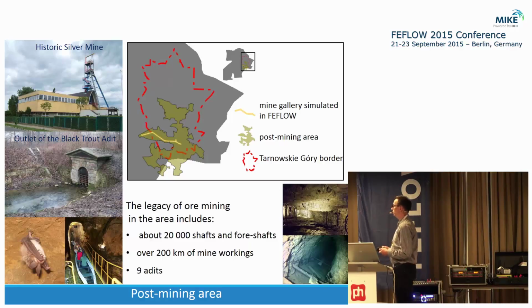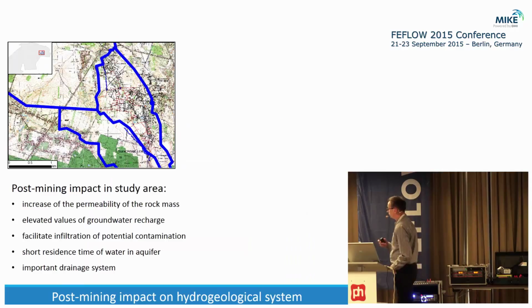Some of these empty spaces are in the unsaturated zone, and some are fully flooded. Today, this area is used as a touristic attraction, so you can take a trip by boat, and it is also a habitat for 10 protected species of bats. And as a result of this post-mining area, the groundwater recharge in this area is quite high.